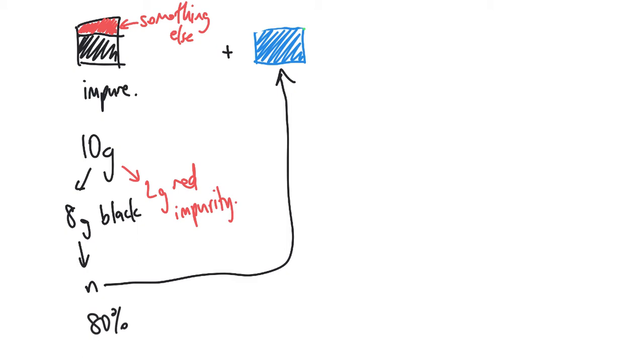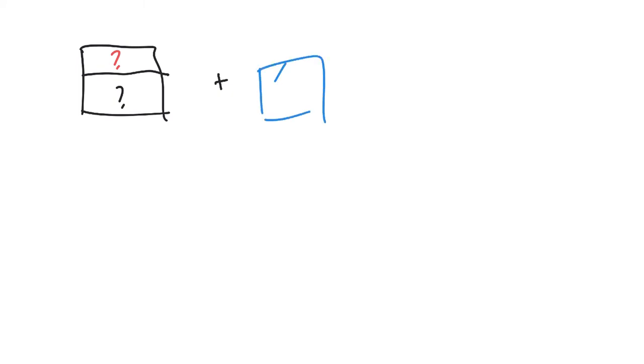All right, cool. The next concept is that if I have something where I don't know the proportion that is pure and the proportion that is impure, but I know that it will react with something else, so I react it with something else.